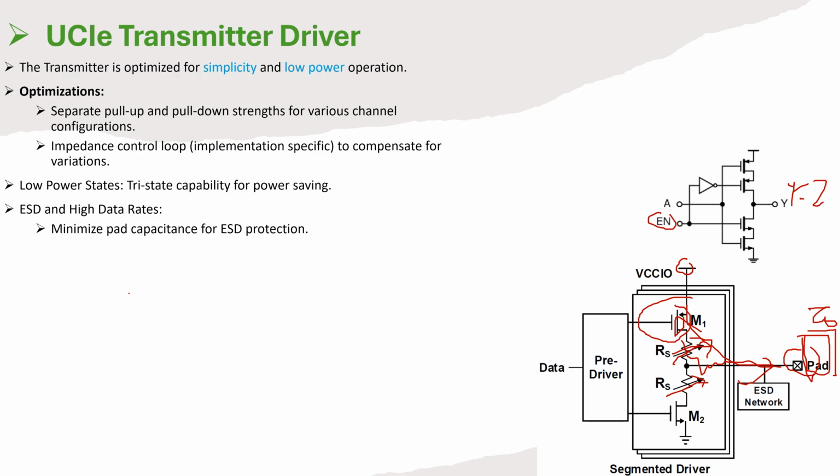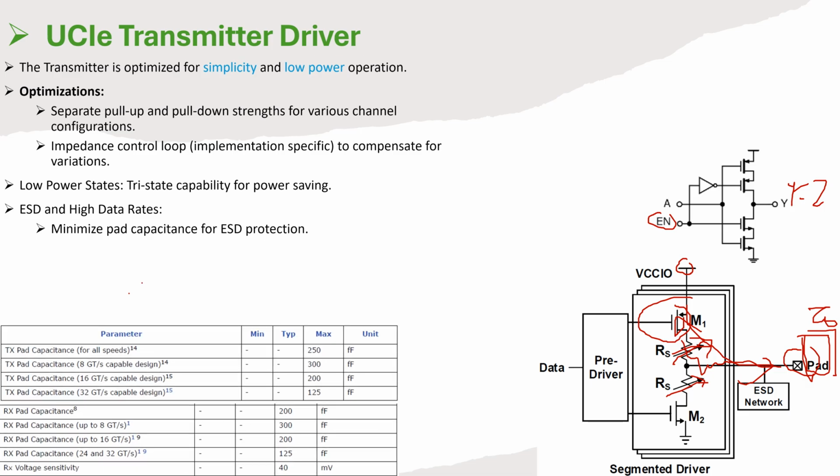How do you minimize the capacitance? Think. These are the pad capacitances mentioned for advanced package. Here you see transmitter speed.